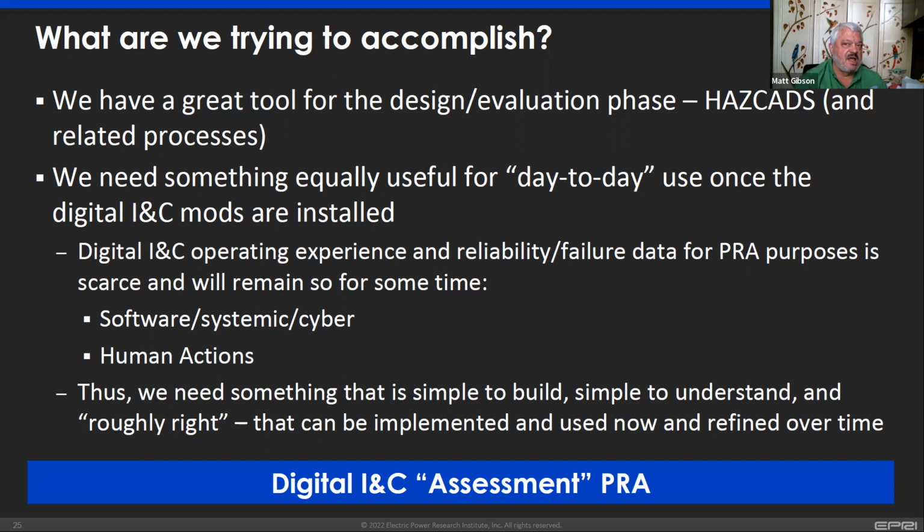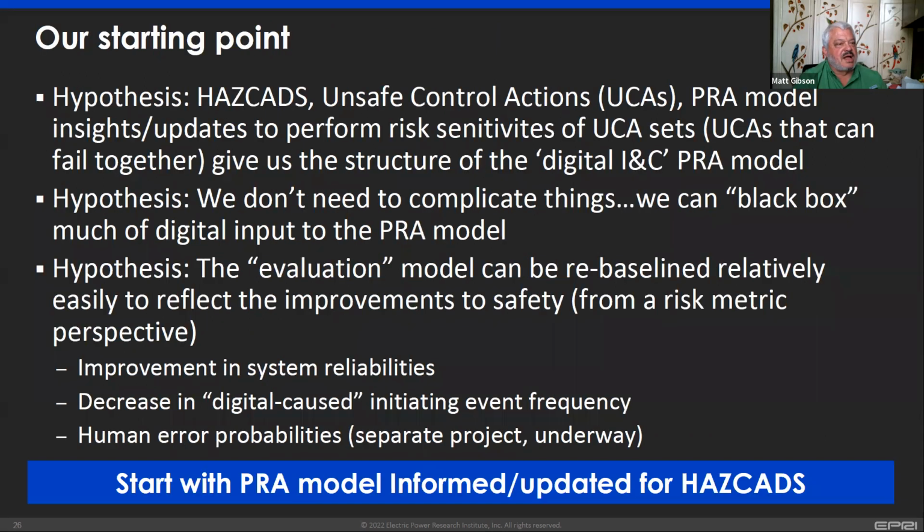Although we do have human reliability analysis today, we're integrating that more closely to the design process into a PRA insight. Again, we're starting with HAZCADs outputs, trying to figure out how to bring those insights forward.